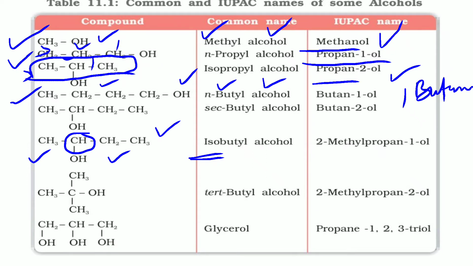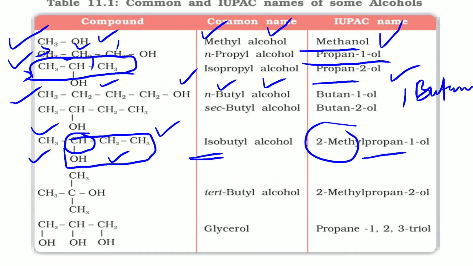When we talk about the IUPAC name, the first thing is to consider the longest chain. If we consider the longest chain from here to here, there are 3 carbons, so propane, 1, 2. At the 2 position there is a methyl group, so 2-methyl and 1-ol.